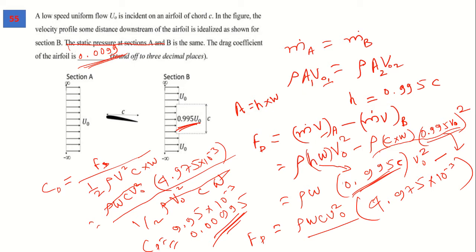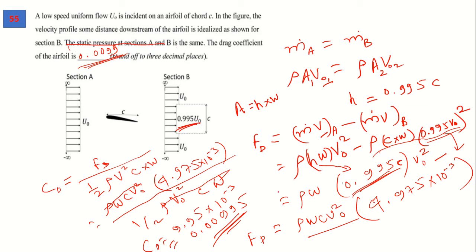So rho H W, and this is V naught, multiplied again, which means V naught square, minus rho times the area for section B, C into W, and for section A, H into W. And V is 0.995 into V naught square for section B.